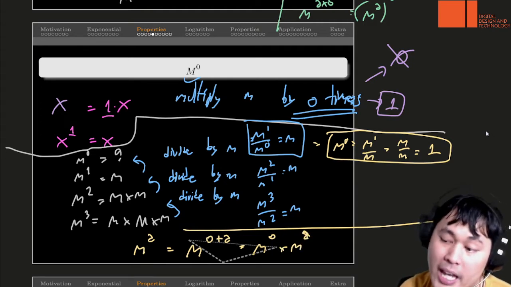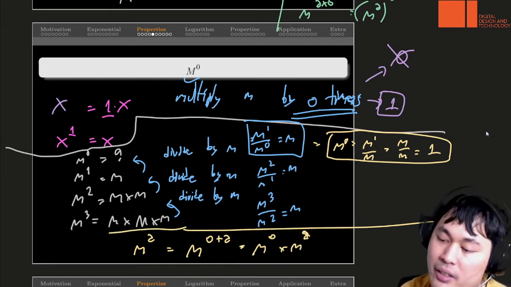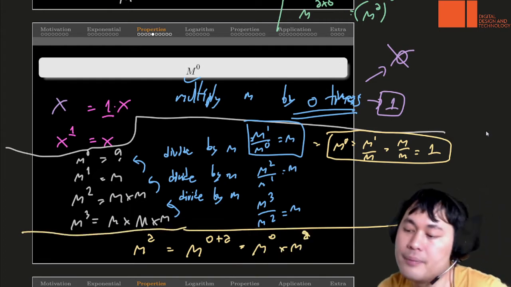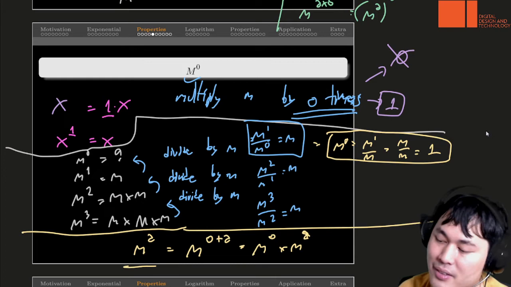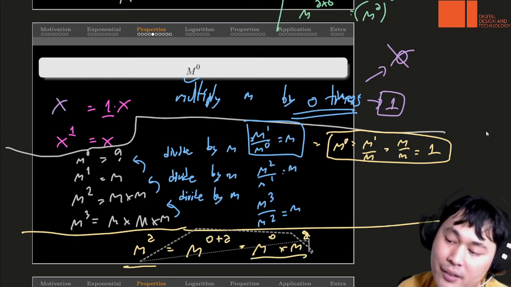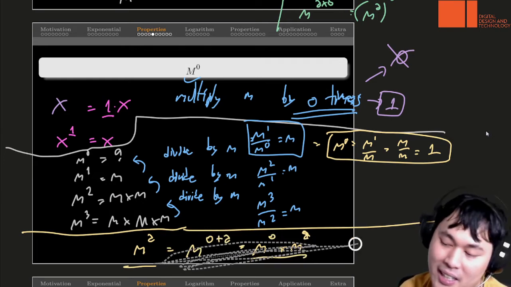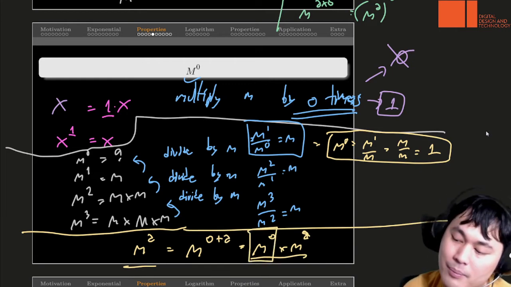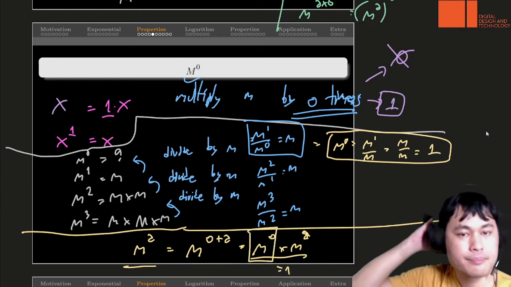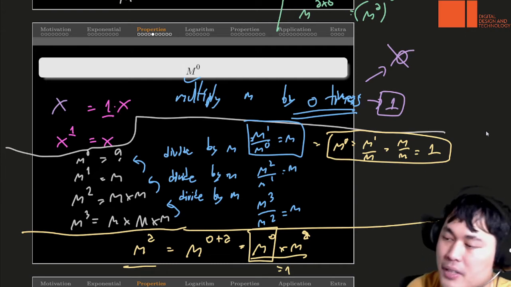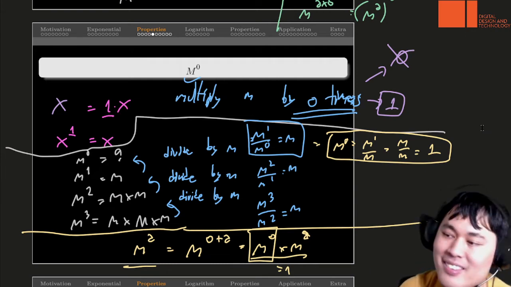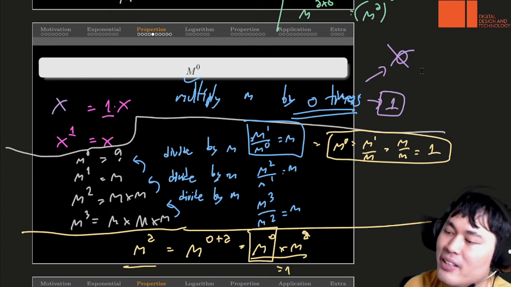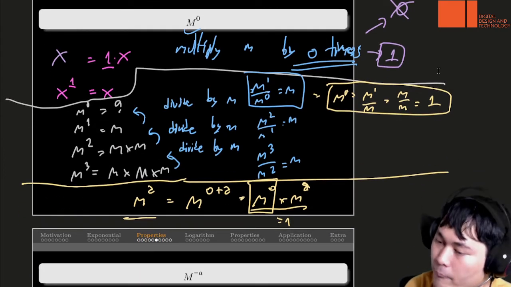If we have this property, then we can show that m to the 0 should be 1. Take a look at the left hand side and the right hand side, and you see that they are equal only if this extra term is 1. So there are some arguments for m to the 0.